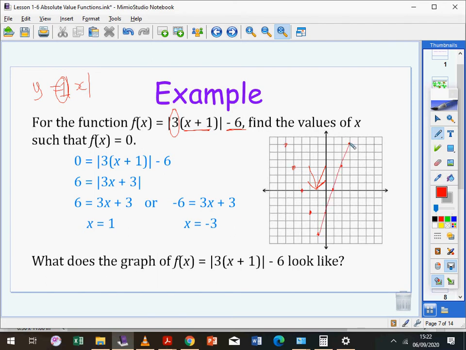That's my graph, and let me take out this side. Yeah, so that's what the graph of that function would look like.